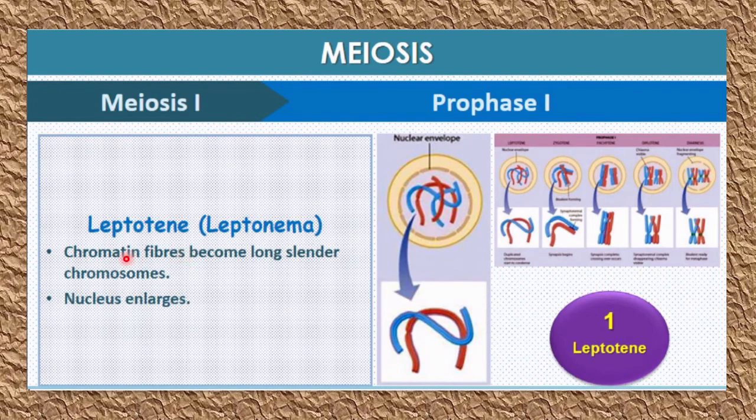A chromatin fiber becomes long and slender, like a thread. Lepto means thread. So here the chromosome will look like a thread-like structure. So chromatin fibers become long, slender chromosomes, the nucleus is enlarged, and you can observe the nuclear envelope will start degradation. Here you can see some breakdown is observed.